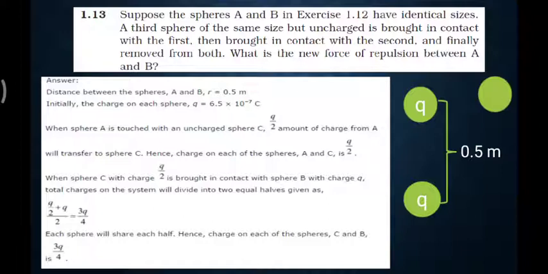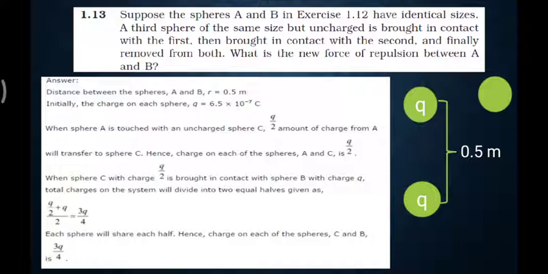Once you bring B and C into contact, what is the total? Because B has Q and C has Q by 2, the total is Q by 2 plus Q, which is 3Q by 2, and divided by 2, that is the charge after losing contact between B and C. So now onwards B has charge 3Q by 4.